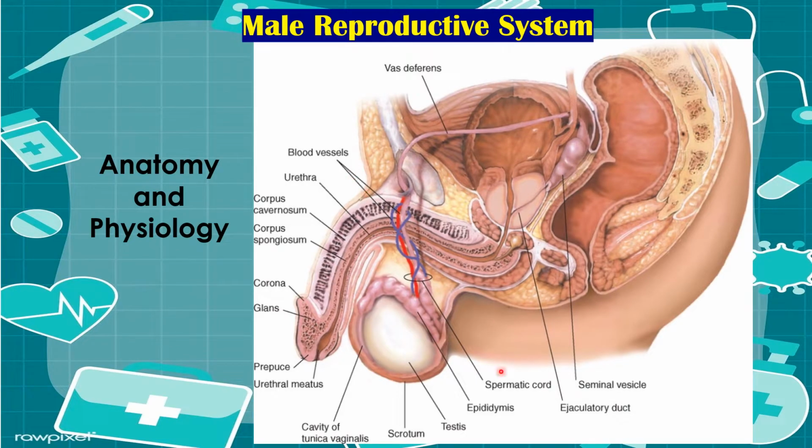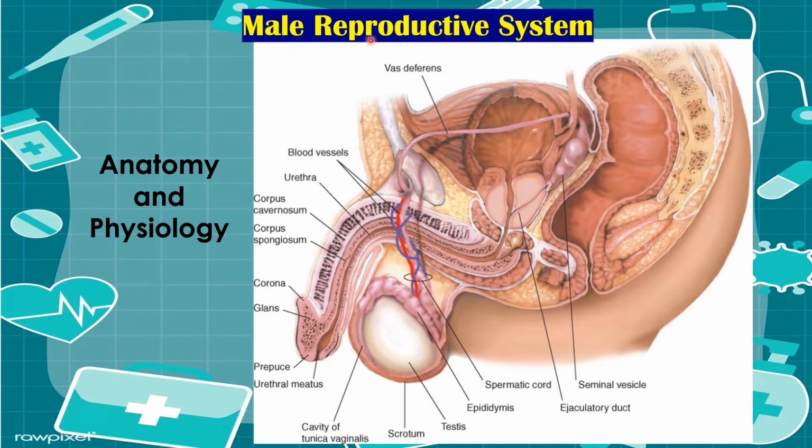Let us now proceed to the male reproductive system. Let us have a review first on the anatomy and physiology of the male reproductive system. The shaft of the penis is formed by 3 columns of vascular erectile tissue: the corpus spongiosum, containing the urethra, and the 2 corpora cavernosa.